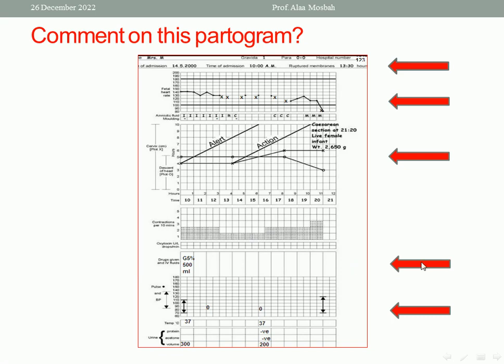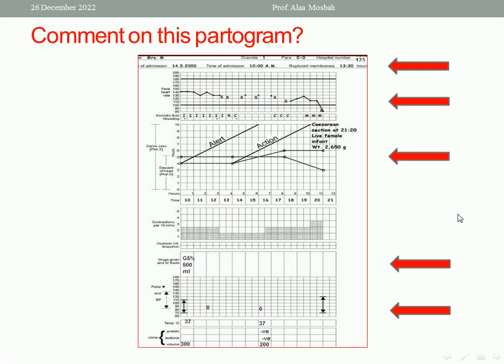Then this part for the medication and the fluids given. Then this part for maternal well-being, including the pulse, blood pressure, temperature, urine output, and any significant proteinuria or acetone.